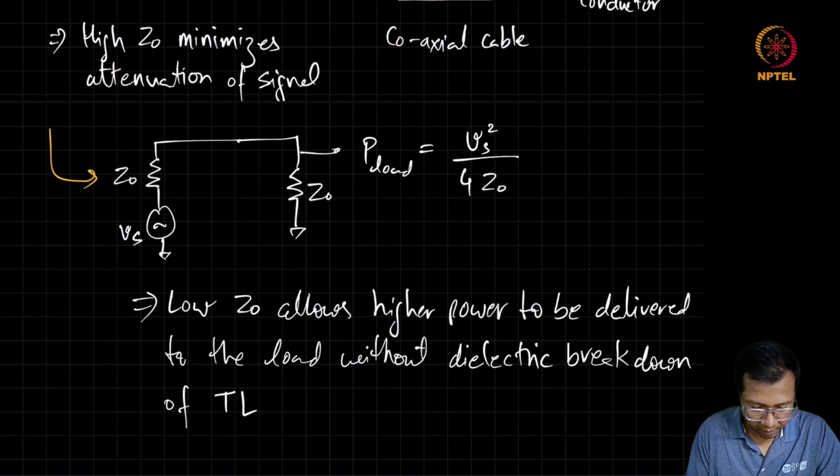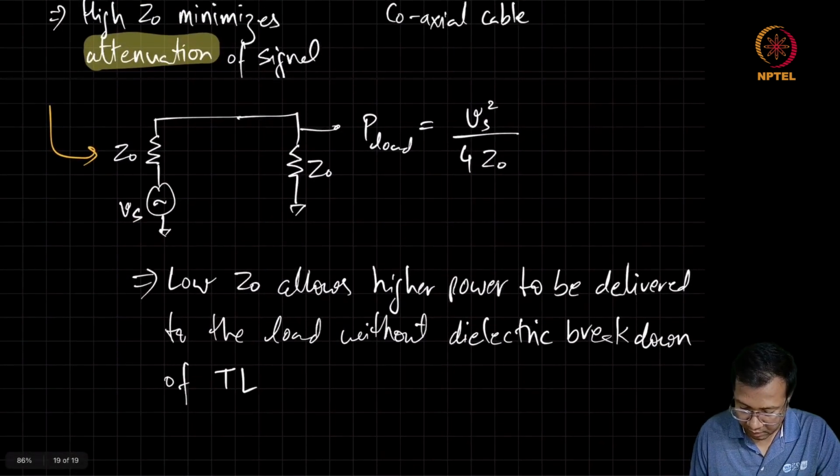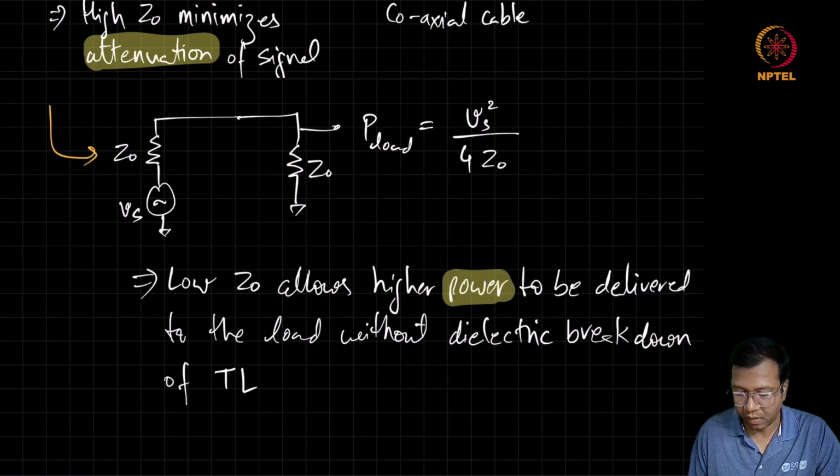So to minimize attenuation, Z0 should be high, whereas for high power to be transferred to the load, Z0 should be low.